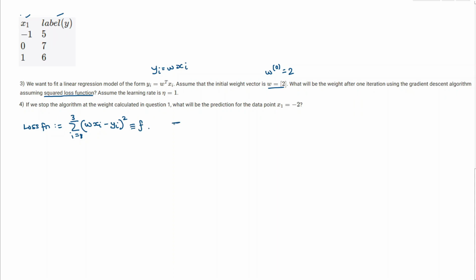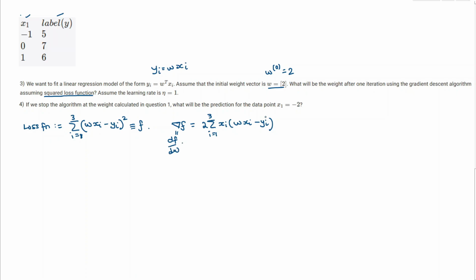In this case, what will be the gradient of f? The gradient of f would be 2 times the summation, i running from 1 to 3, of xi times (w xi minus yi). We are taking the derivative with respect to w. Since w is just a scalar in this case, we can also write this as df upon dw.